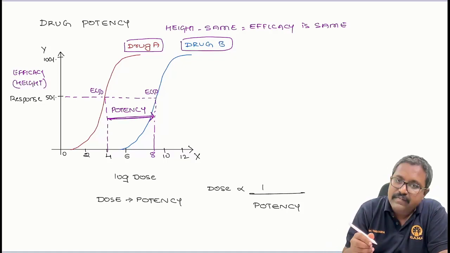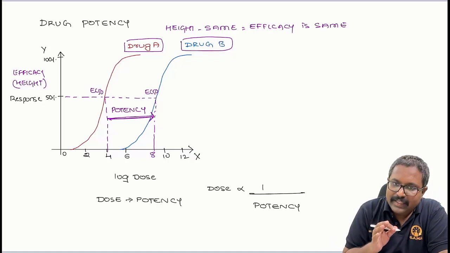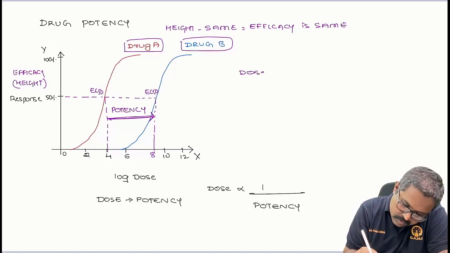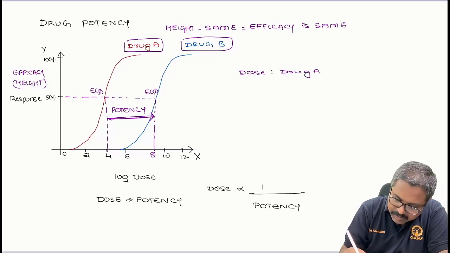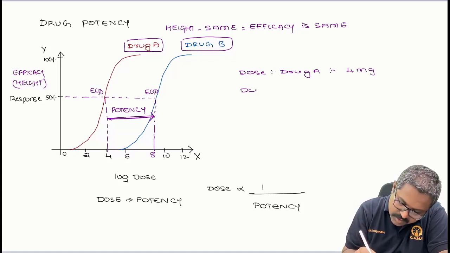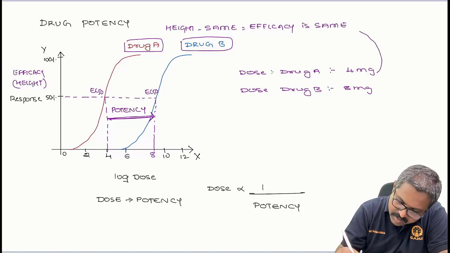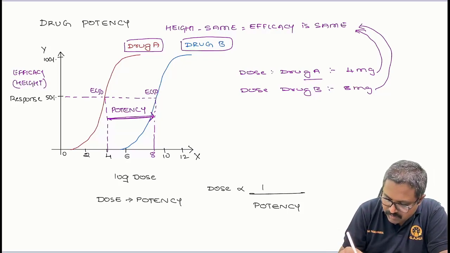If we calculate it, the dose of drug A is 4 milligrams, whereas the dose of drug B is 8 milligrams to produce the same efficacy. So drug A you are giving 4 milligrams and drug B you are giving 8 milligrams.